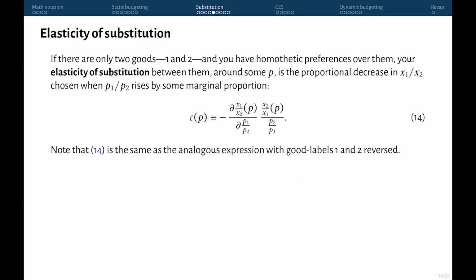So let's say there's only two goods and you have homothetic preferences over them.